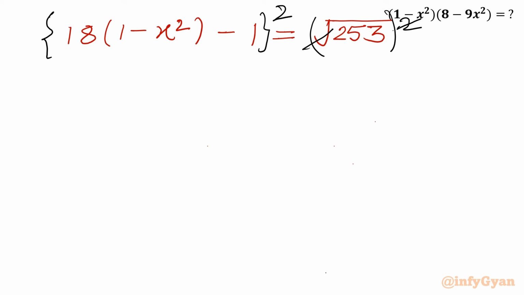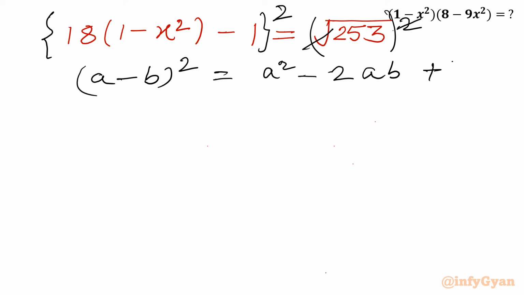Now a minus b whole square. So let me write here that the a minus b whole square identity is a square minus 2ab plus b square. Let's apply it to the LHS. 18 square is 324. Then (1 minus x square) whole square, this is the b square term.